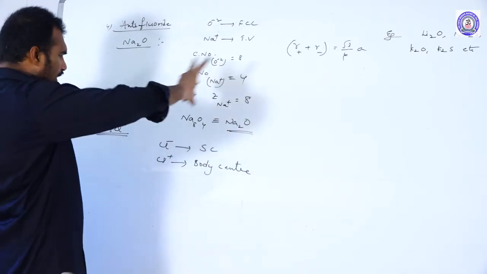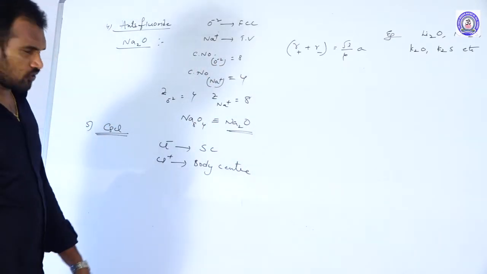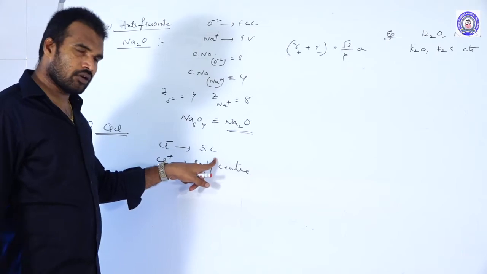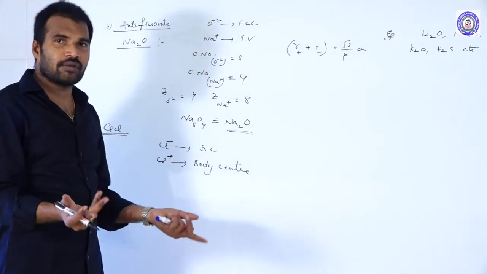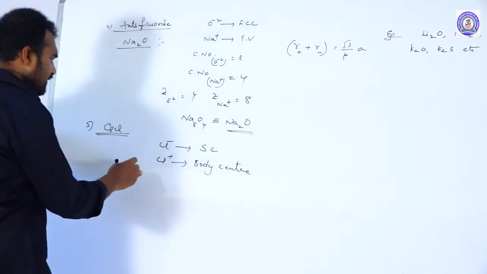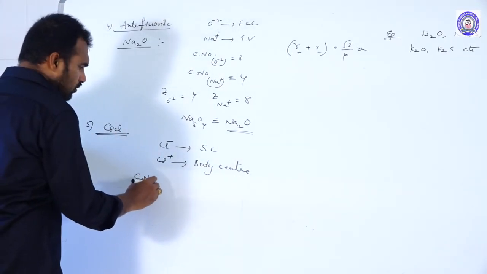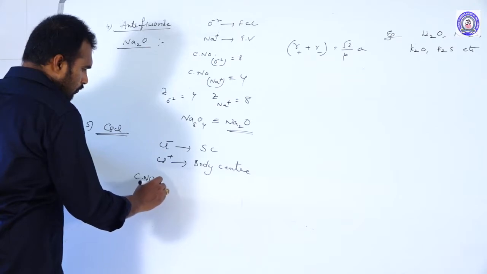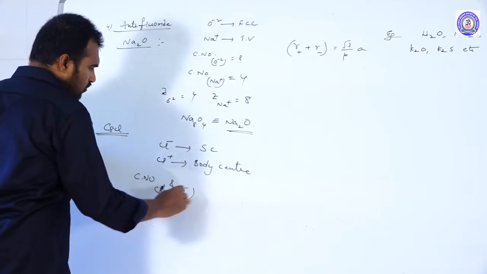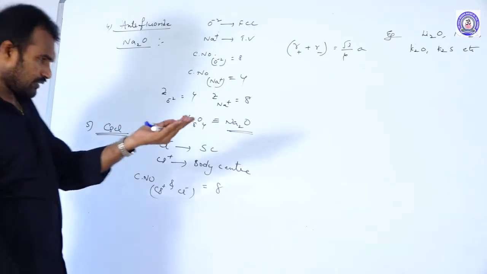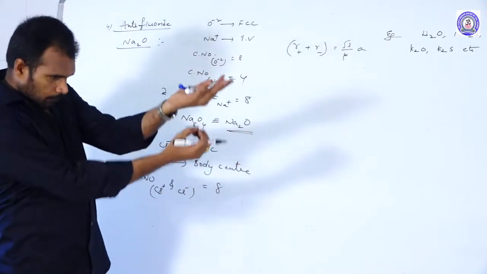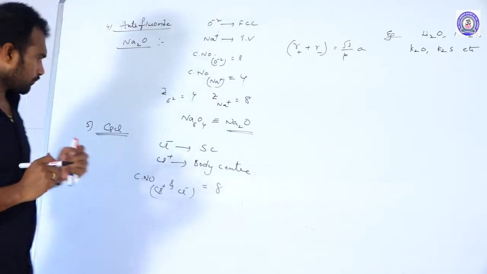So completely they are forming a BCC type lattice. So chloride ions are at corners and the cesium ion is at the body center. In this lattice, the coordination number of both cations and anions is 8 only. Center, above layer 4, below layer 4, total 8.